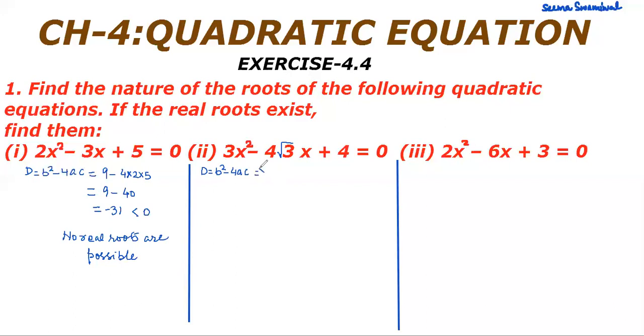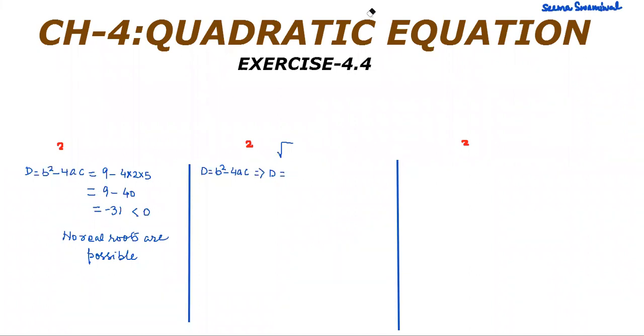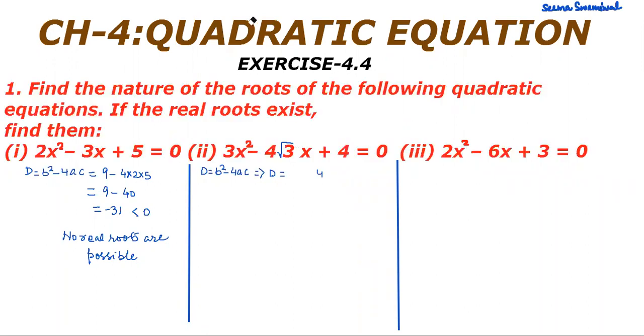B is minus 4 square root 3, so you square it.